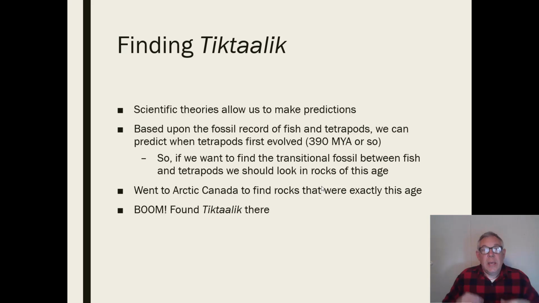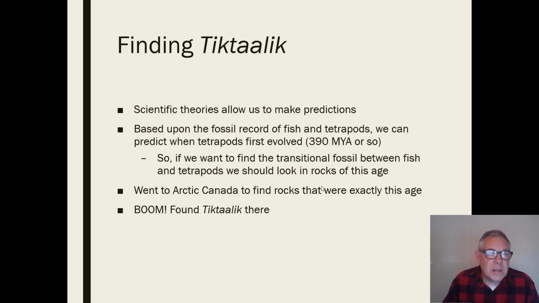And so if we were wanting to find that transitional fossil, that organism that showed how these terrestrial vertebrates evolved from aquatic vertebrates, we need to find rocks that are about that old, because that's when we think it happened. And so researchers who were studying this looked at geological maps to try to find exposed rock that was 390 million years old.